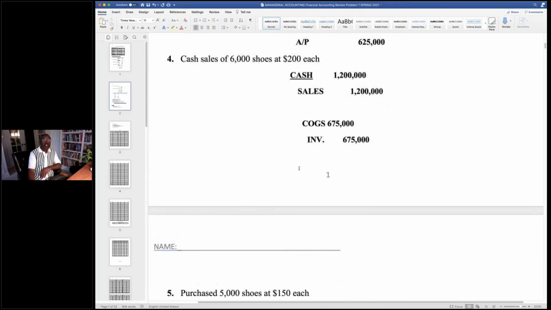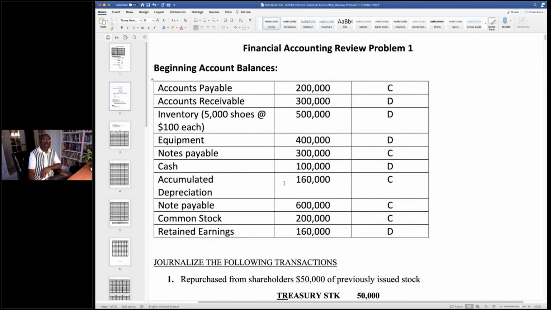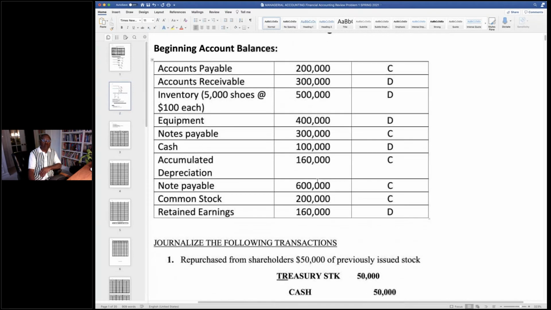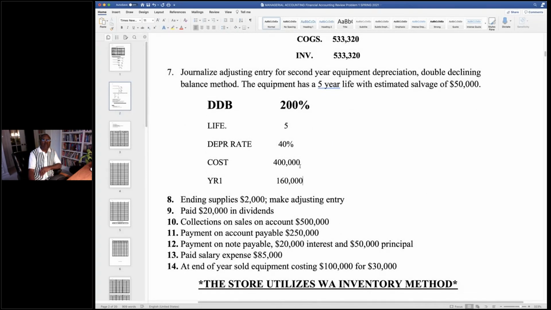We simply multiplied 40% times the cost. That's what we use each year.